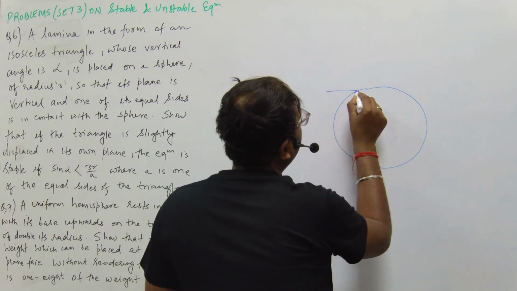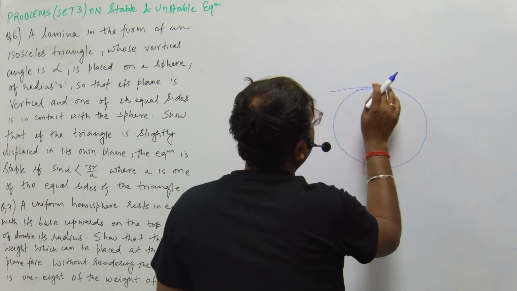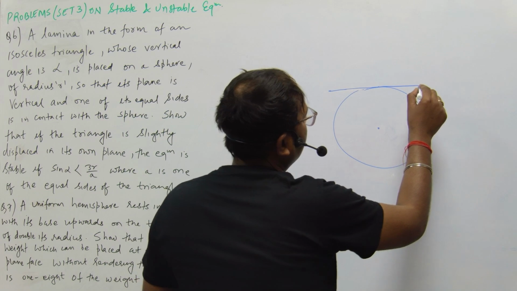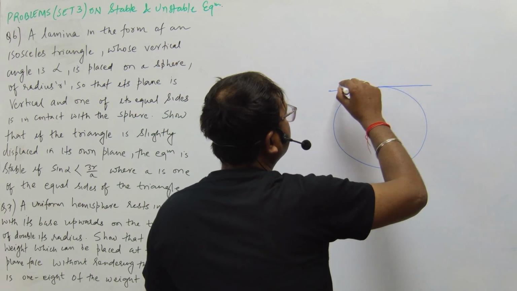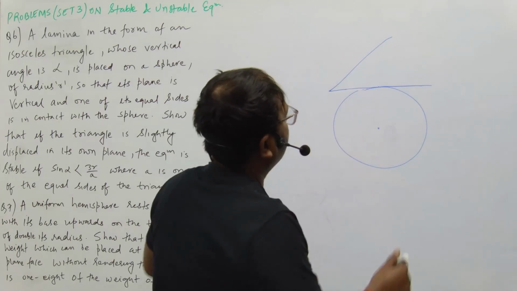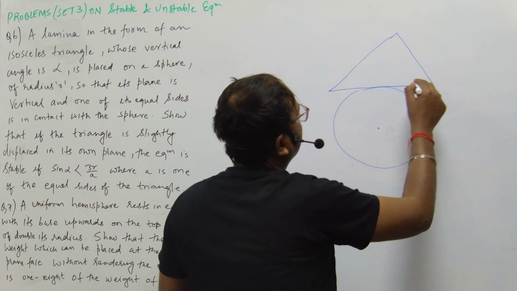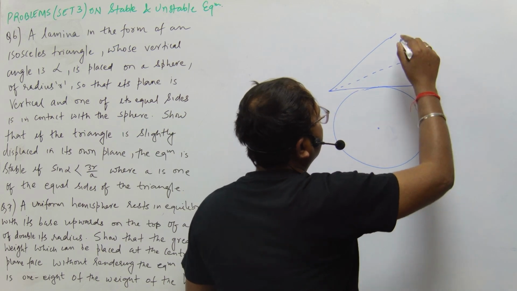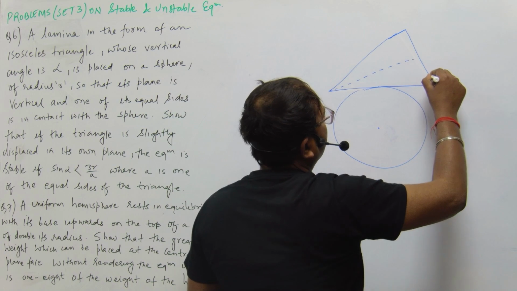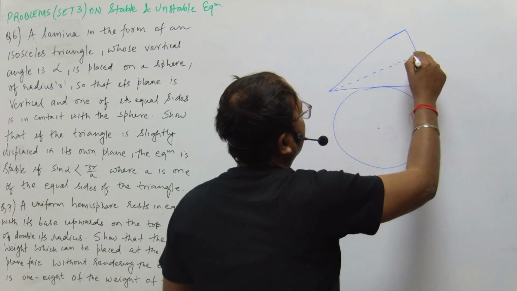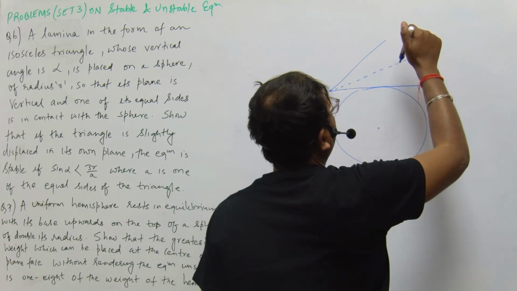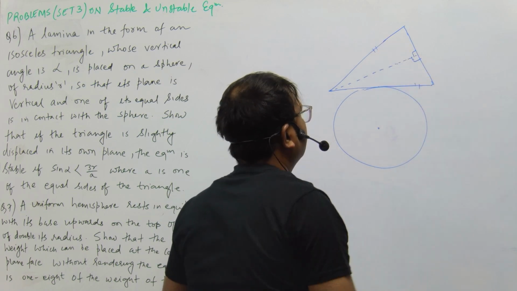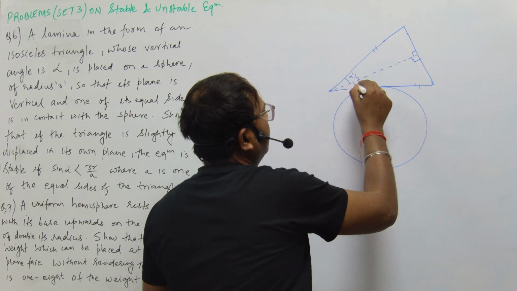So let us draw the triangle. These two sides are equal and the vertical angle is alpha, so half of the angle will be alpha by 2 and this is alpha by 2.